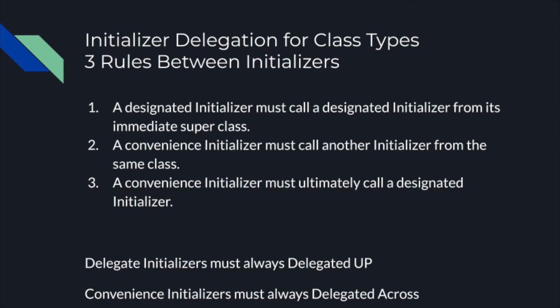The second one is a convenience initializer must call another initializer from the same class. Third, a convenience initializer must ultimately call a designated initializer. So the designated initializers must always delegate up, whereas the convenience initializers must always delegate across.